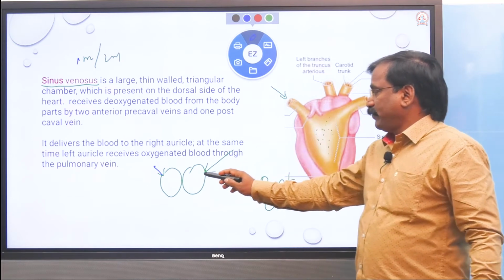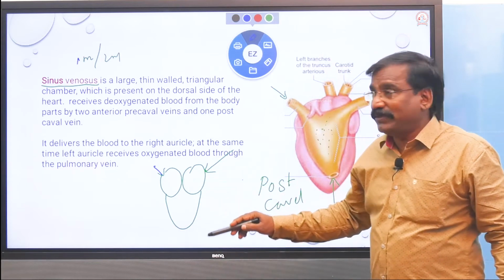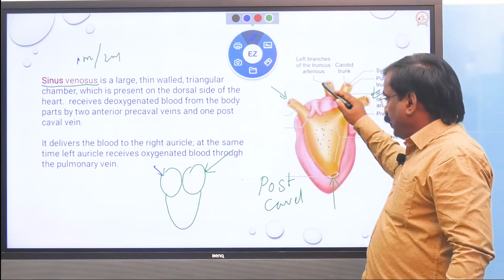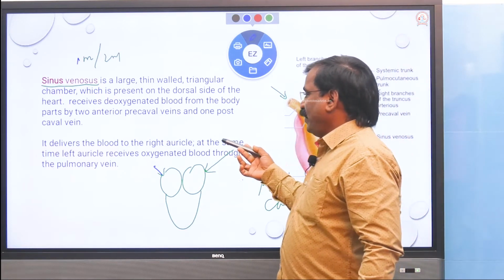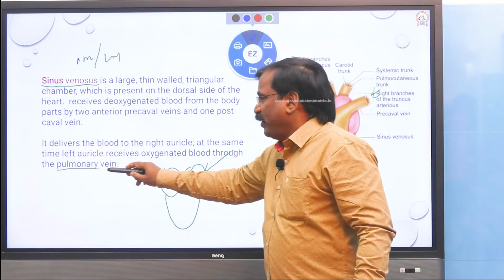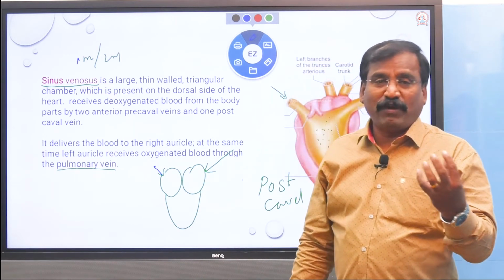The left auricle receives the pure, oxygenated blood from the lungs through the pulmonary vein. Pulmonary means lungs, as in pulmonary respiration.